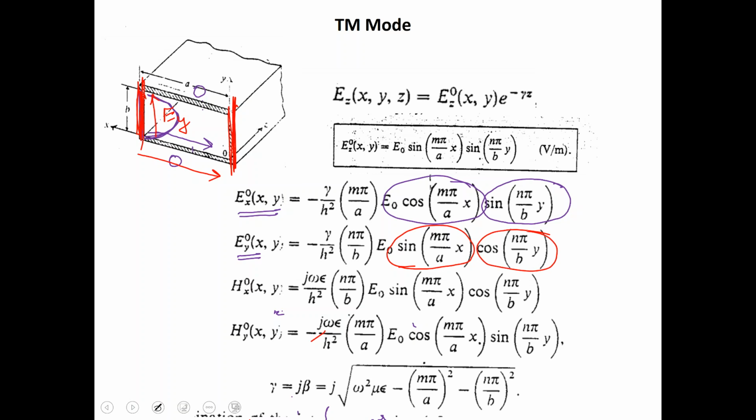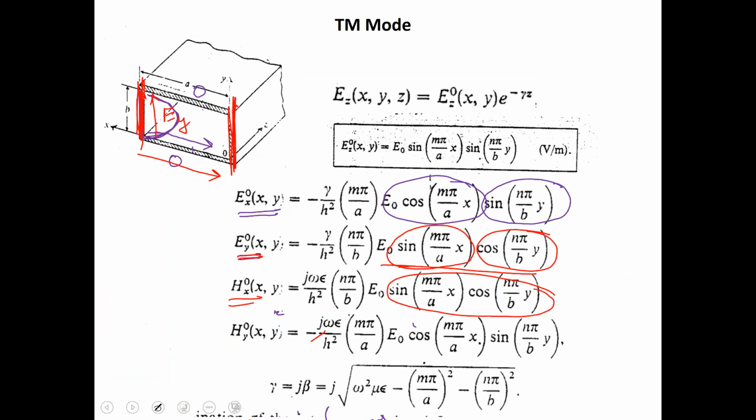Based on that, if my field of EY is taking this form, the other field which is carrying the power with it, which is the field coupled to this field, is going to be the HX field and is going to have the same variation.